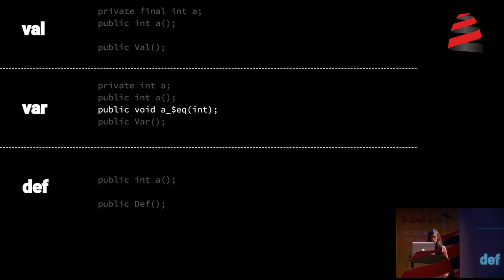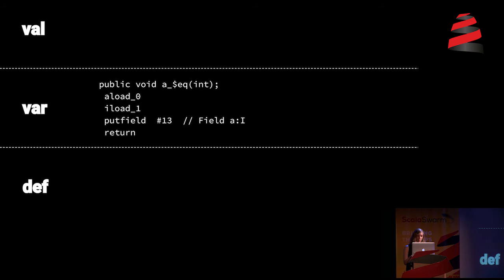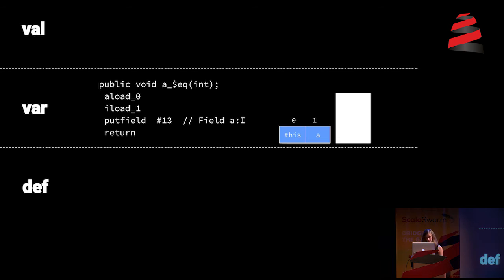All right, so now var has a unique method called A_$eq that gets an integer. Let's see what it is. aload_0 loads the value of the element in the 0th place into the stack. So it pushes this into the stack. iload_1 pushes A into the stack.